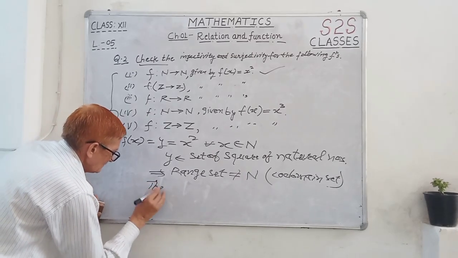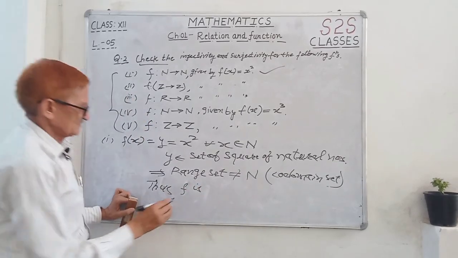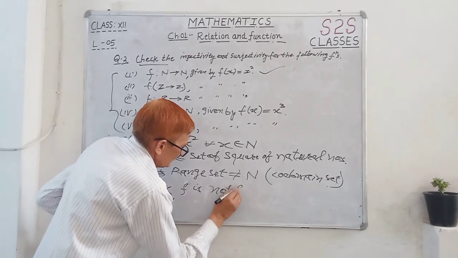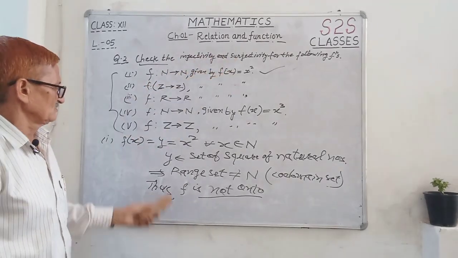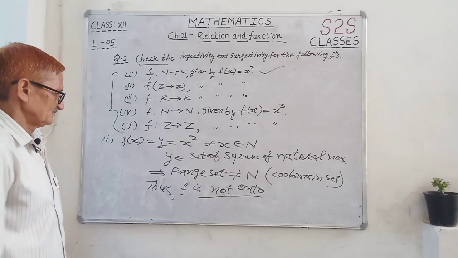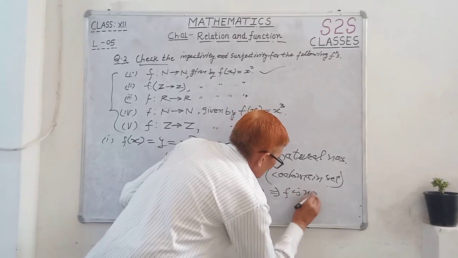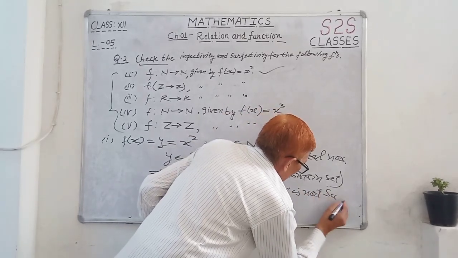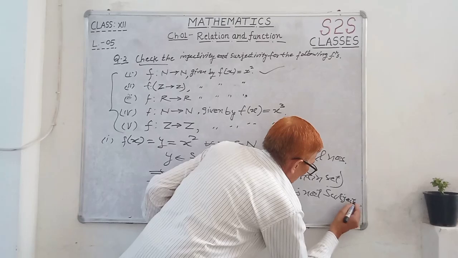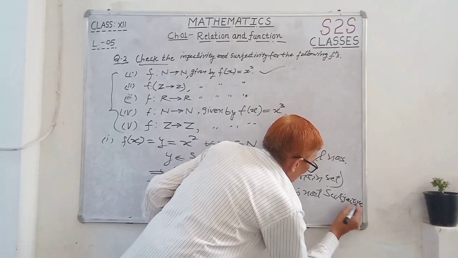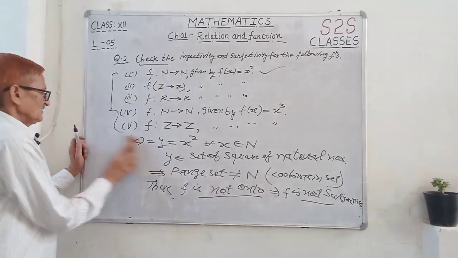Thus f is not onto. So checking the surjectivity, it is not surjective. f is not onto. So this implies f is not surjective.